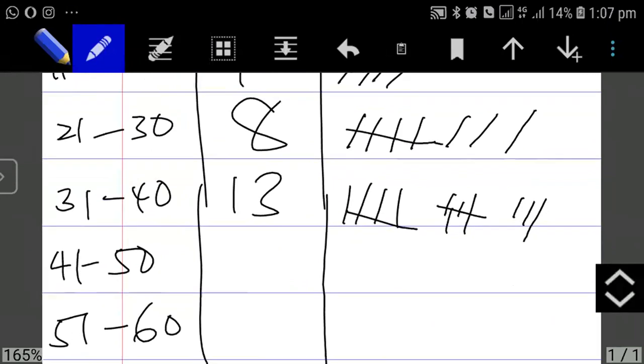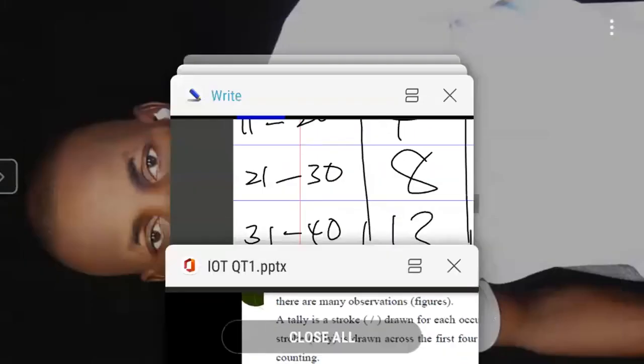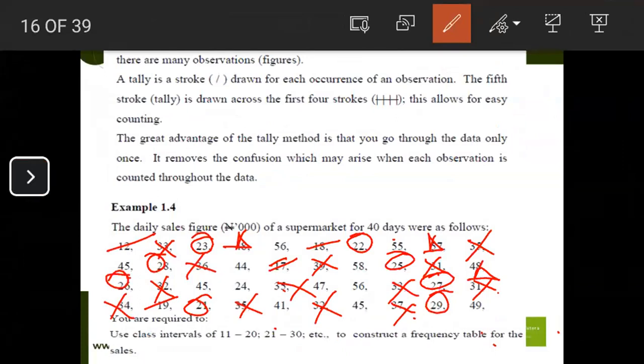Okay. Now, 41 to 50. You're going to find 41 to 50: 1, 2, 3, 4, 5, 6.